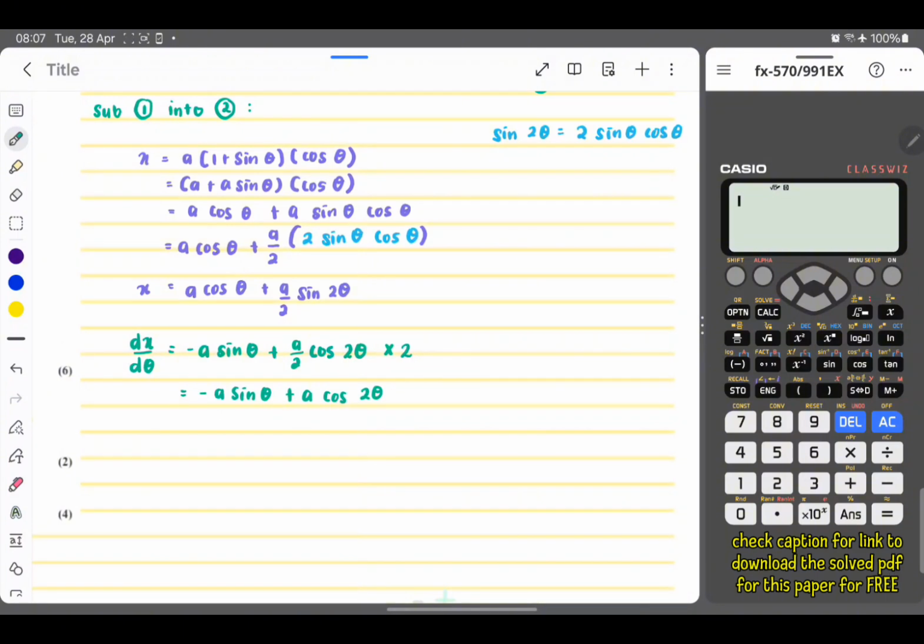We will equate dx/dθ with 0. So we get −a sin θ + a cos 2θ = 0.